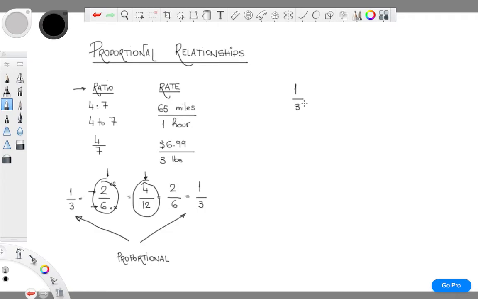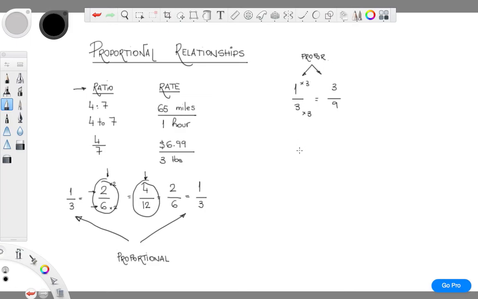So a way to get a proportional relationship is to multiply both the numerator and denominator times 3. Let's see what fraction we get, what ratio we get. 1 times 3 is 3, and 3 times 3 is 9. I know that these two ratios are going to be proportional.